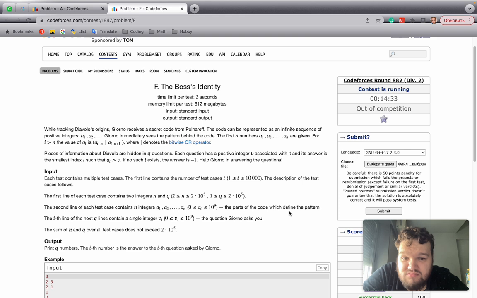Problem F. So there should be an infinite sequence of positive integers. The first n numbers are given, and then the next values are defined as bitwise OR of two neighboring elements and back. Okay, whatever you say.